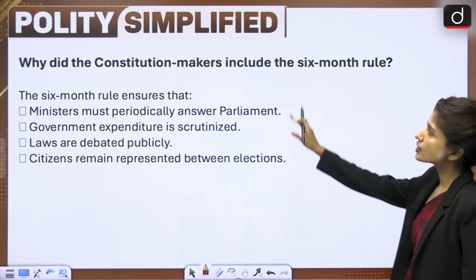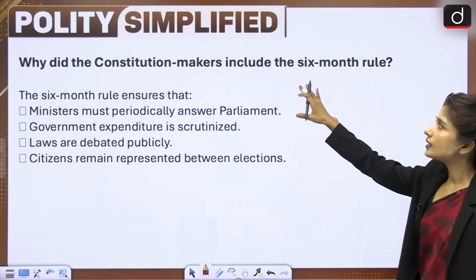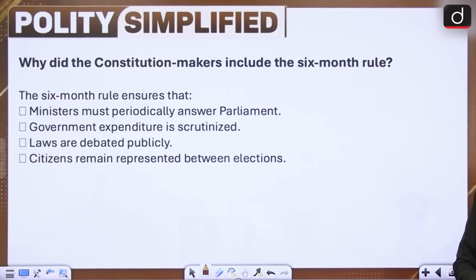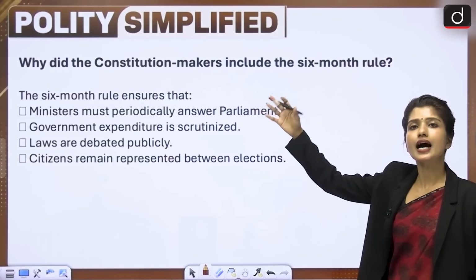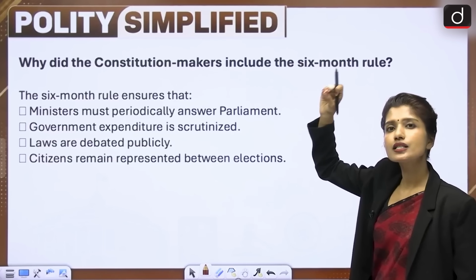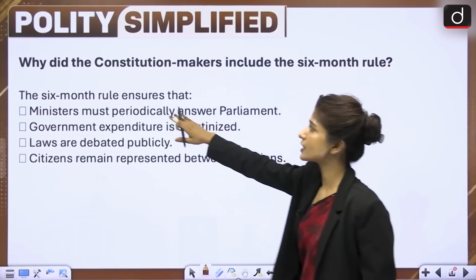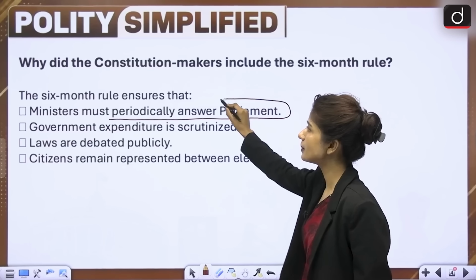Now, why did the Constitution makers include the 6 months rule? The Constitution makers thought that once the government gets power, maybe it is possible that they would start avoiding accountability. They would not answer. That is why they made it compulsory that there has to be at least 2 sessions in a year. There has to be a 6 months rule to ensure that ministers periodically answer the Parliament.